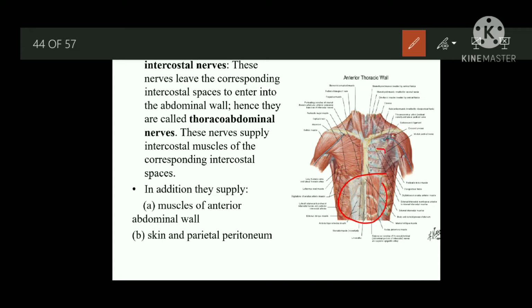So the 3rd to 6th intercostal nerves are typical intercostal nerves that are confined to the thoracic wall and supply only the structures of the intercostal space. But the 7th to 11th enter into the abdomen and supply, in addition, the muscles of the anterior abdominal wall.